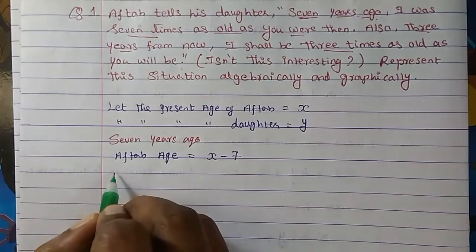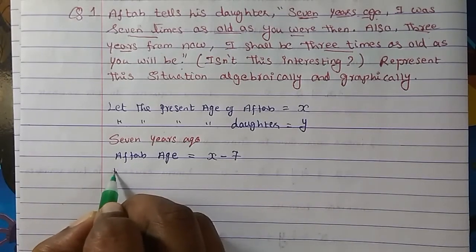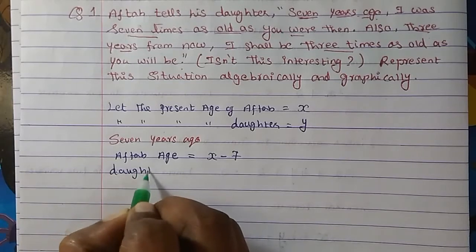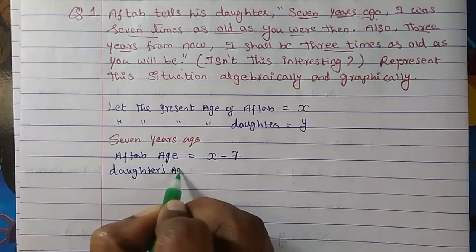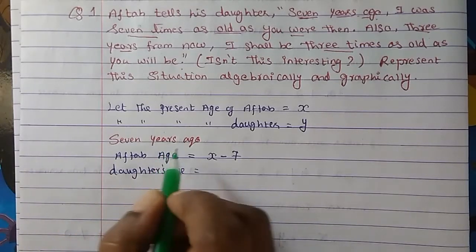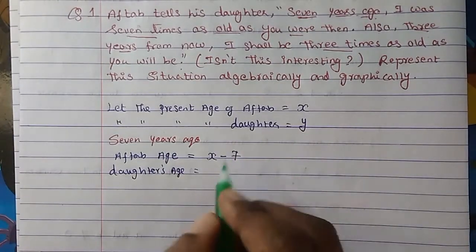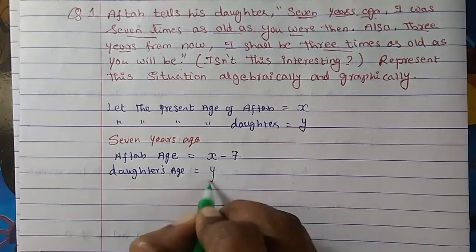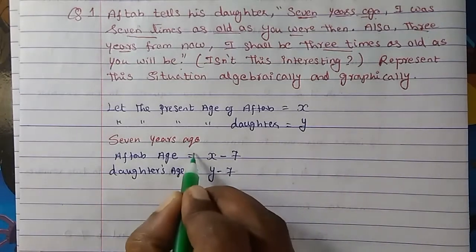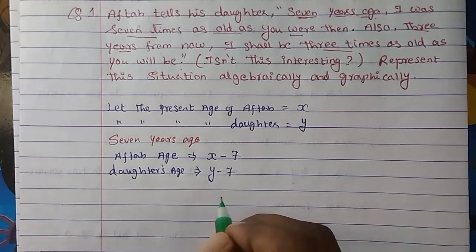So same way, daughter's age will be what? Daughter's age 7 years ago. So first present age of the daughter is Y. Then 7 years ago means from Y we have to minus 7. Okay.